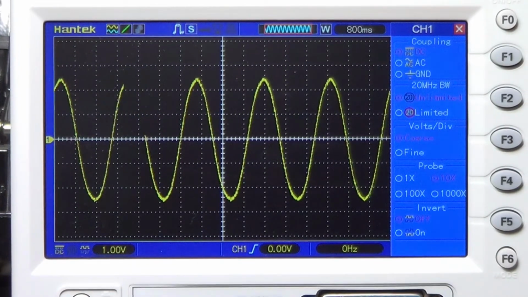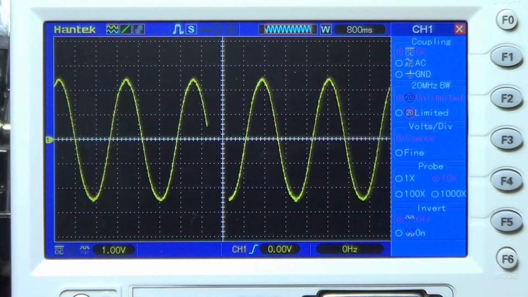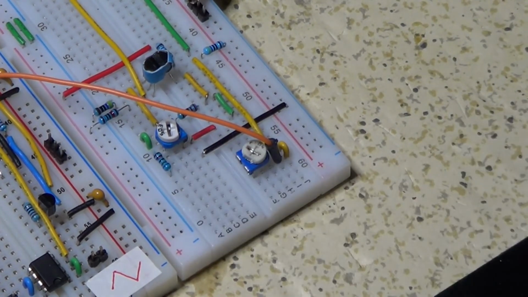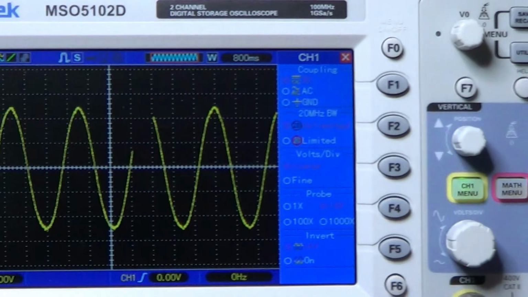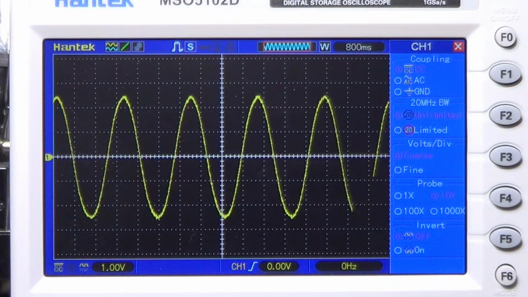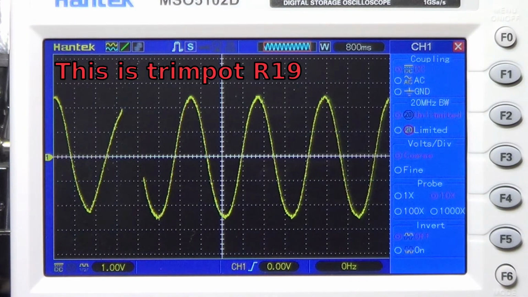Now let me show you how those two twin pots work. So let's go back over here. I'm going to show you first what this twin pot does and then the other one. If I move the first twin pot, you can see what happened here.